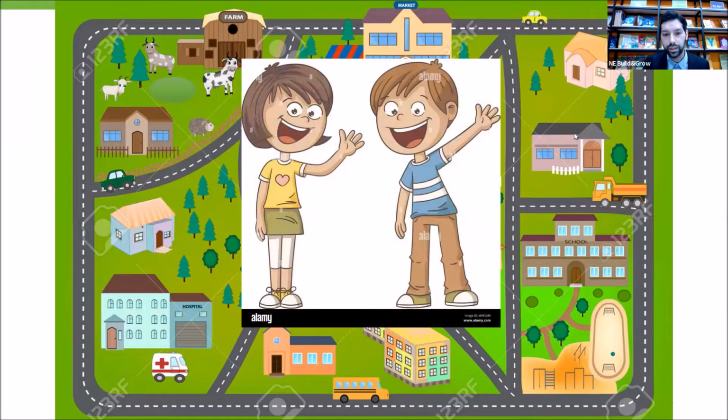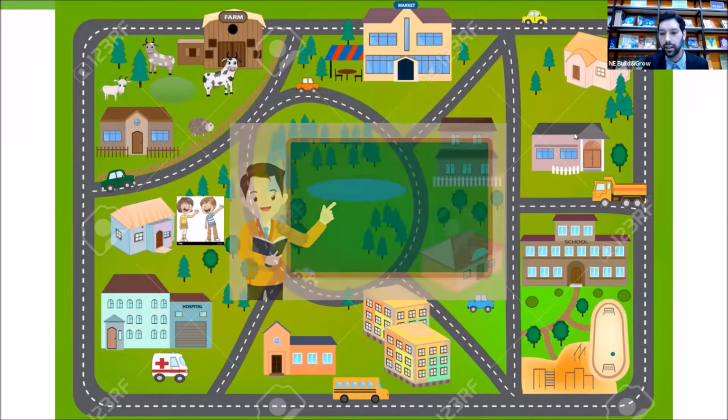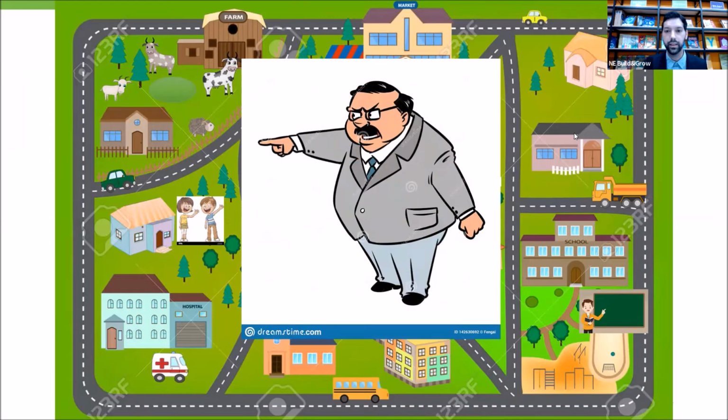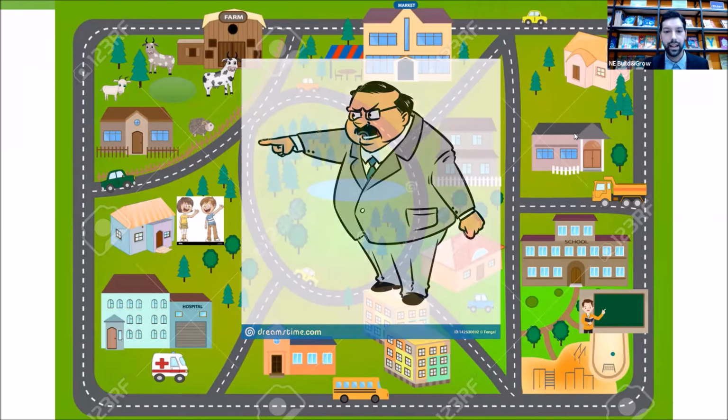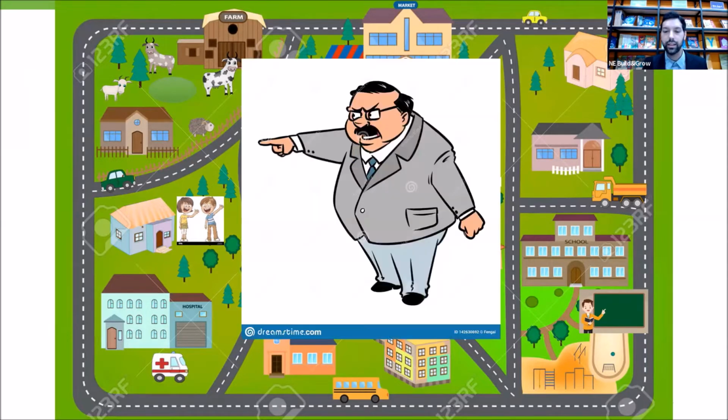And so I've got my two students, right? And they have to get to school. So let's say that it's morning and they have to get to school, but before they can get to school, oh no, here's this villain, and he's, let's say, the owner of some shop, and on the way to school, we stop at the farm, we stop at the market, but we spilled some milk on the table, and now he's angry, so we have to clean it up, whatever.